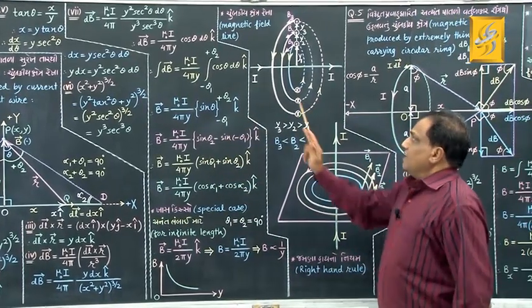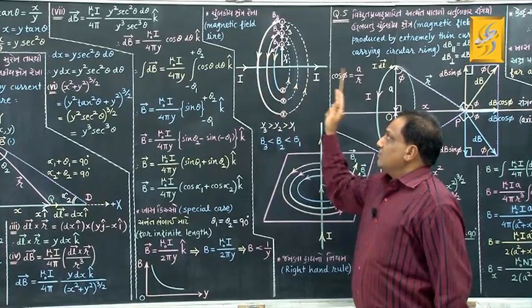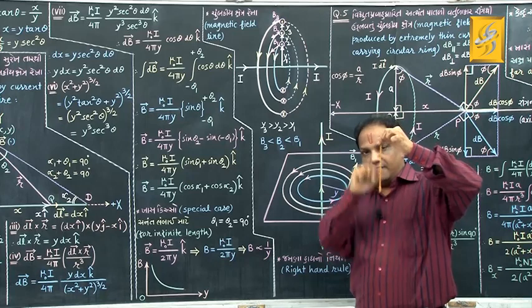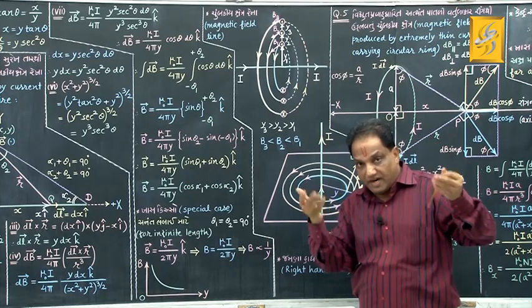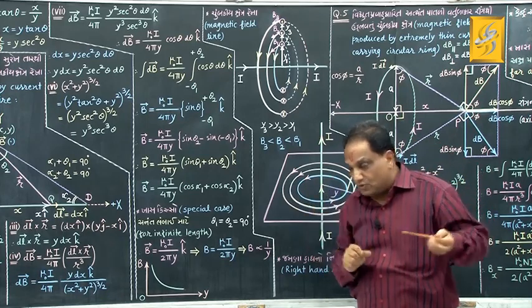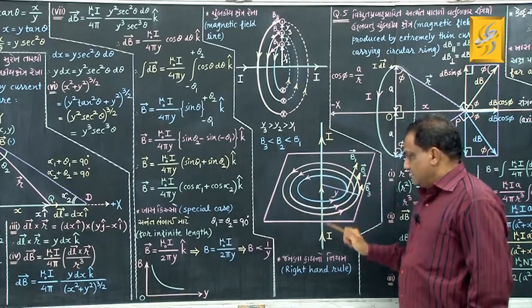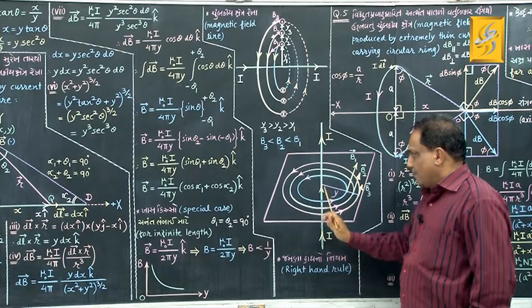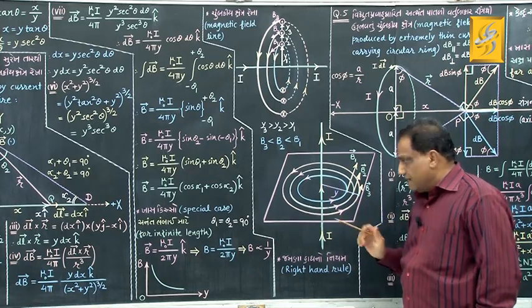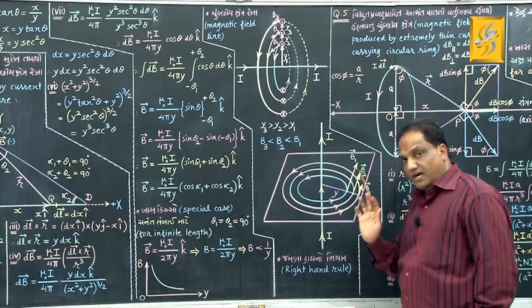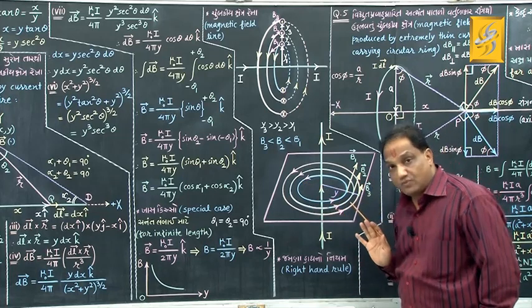Now, if you consider this current carrying straight wire not horizontally but vertically, then how those magnetic field lines will appear, I am showing you. Look here. Consider this vertical wire carrying current in vertically upward direction. At that time, there are circular magnetic field lines in the surrounding magnetic field, which I have shown in the diagram, okay?